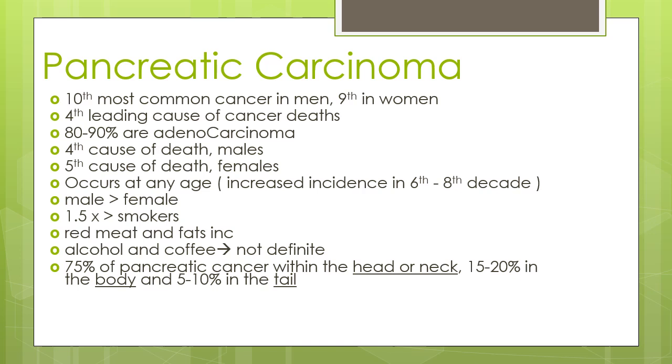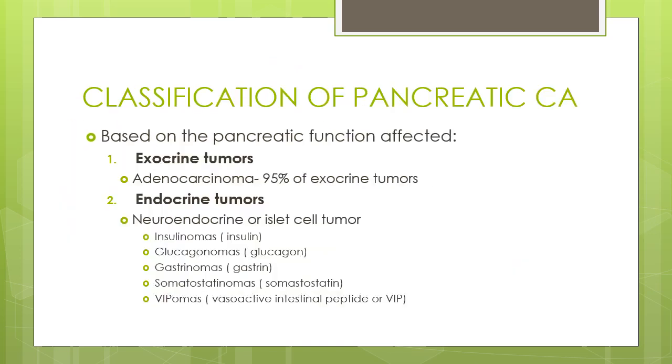Most pancreatic cancers are seen in the pancreatic head and neck. Pancreatic tumors may be classified as either exocrine, the majority of which are adenocarcinoma, or endocrine, exemplified by neuroendocrine or islet cell tumors.